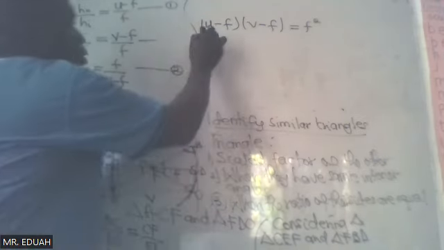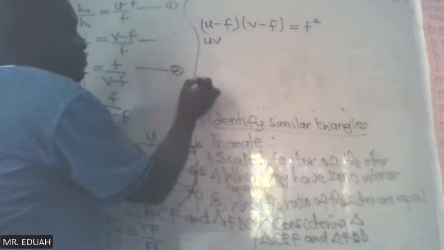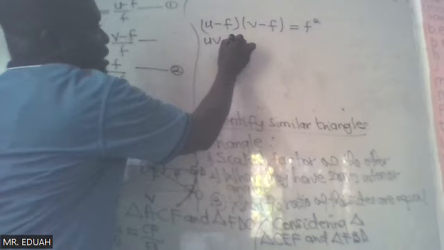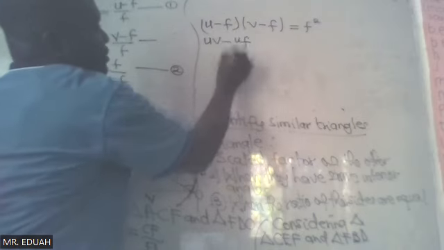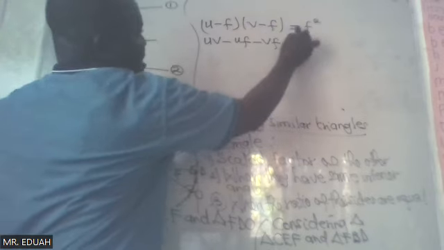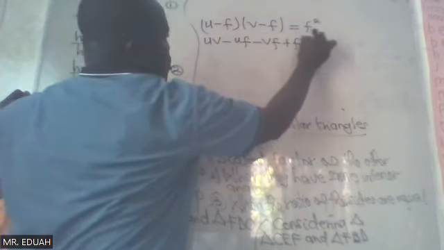When you open the brackets, we have uv minus uf minus vf plus f squared is equal to f squared.